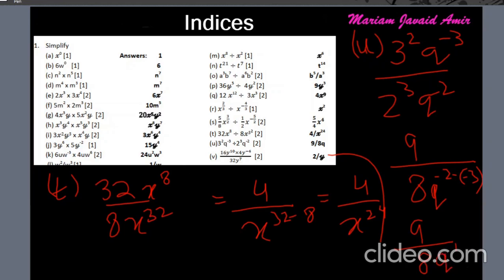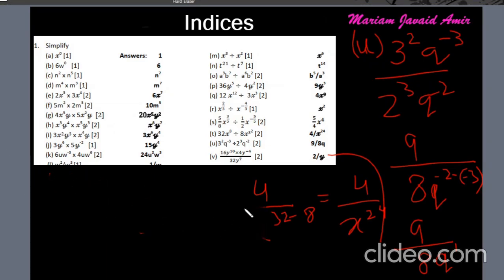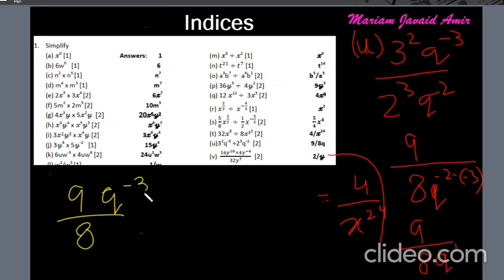Another way of doing it is that you might just do minus 3 minus minus 2. Let's discuss that case as well. You get 9 over 8, and then you write q power minus 3 minus minus 2. So this becomes 9 over 8 q power minus 1.